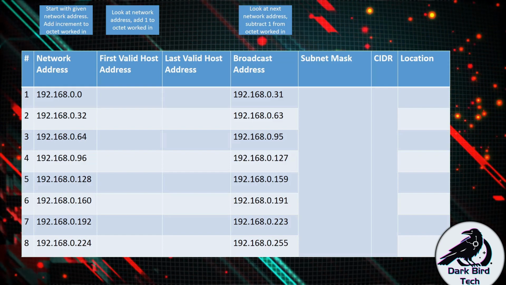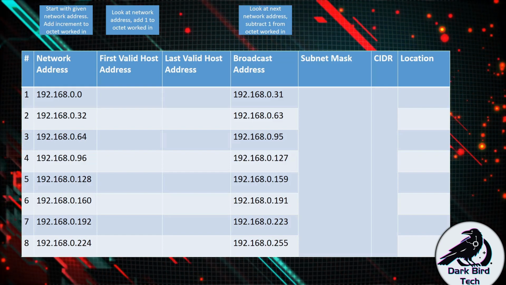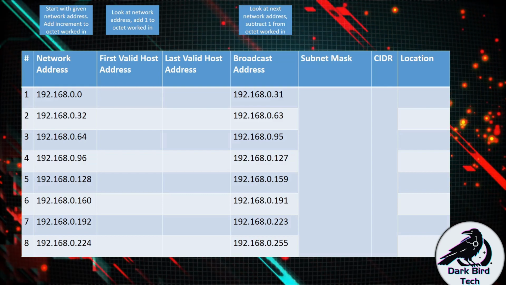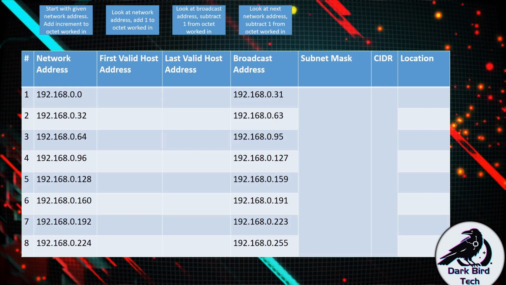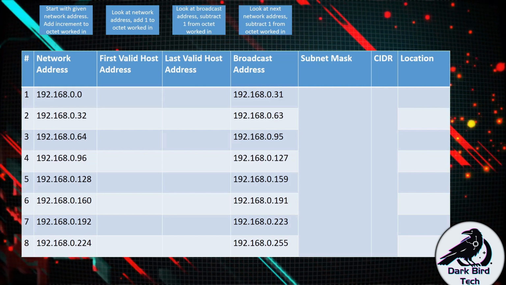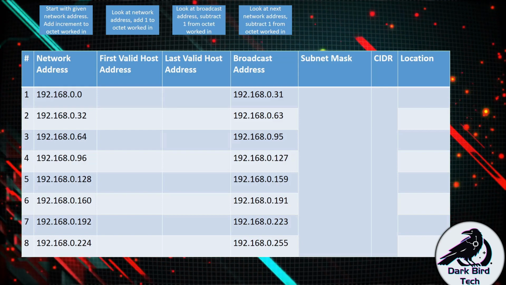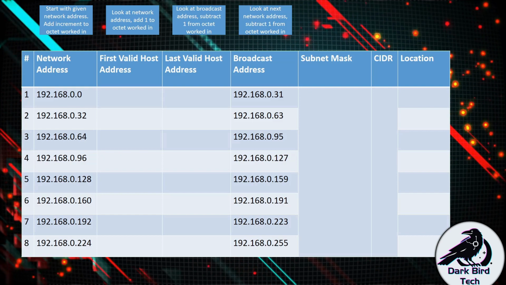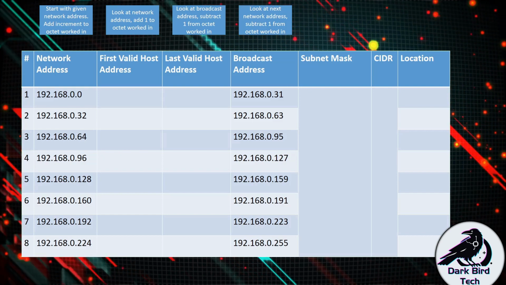Because the very first usable IP address is the first one to come after the network address. And then for the last valid host address, I look at the broadcast address and I subtract 1 from the octet we worked in. Because the very last valid or usable IP address in a network is the one just before the broadcast address. Cool.